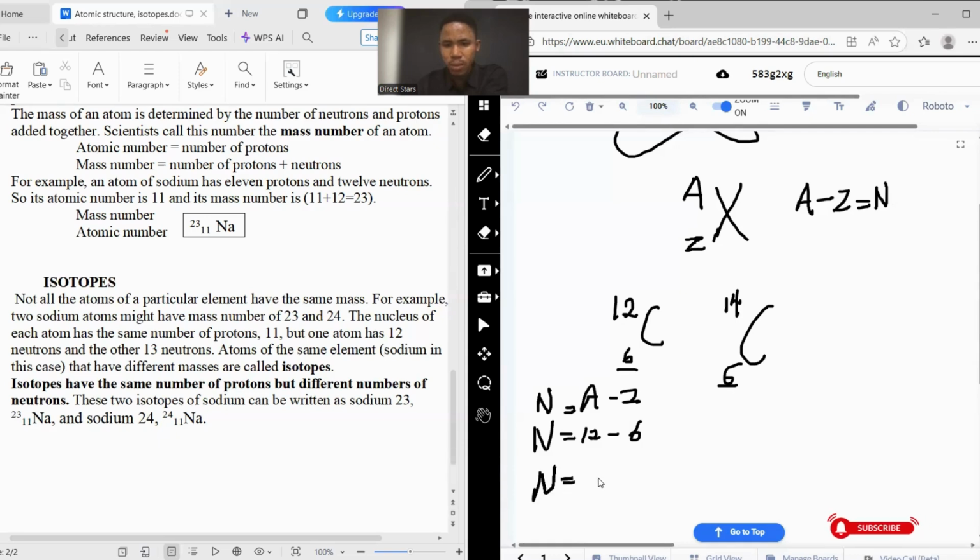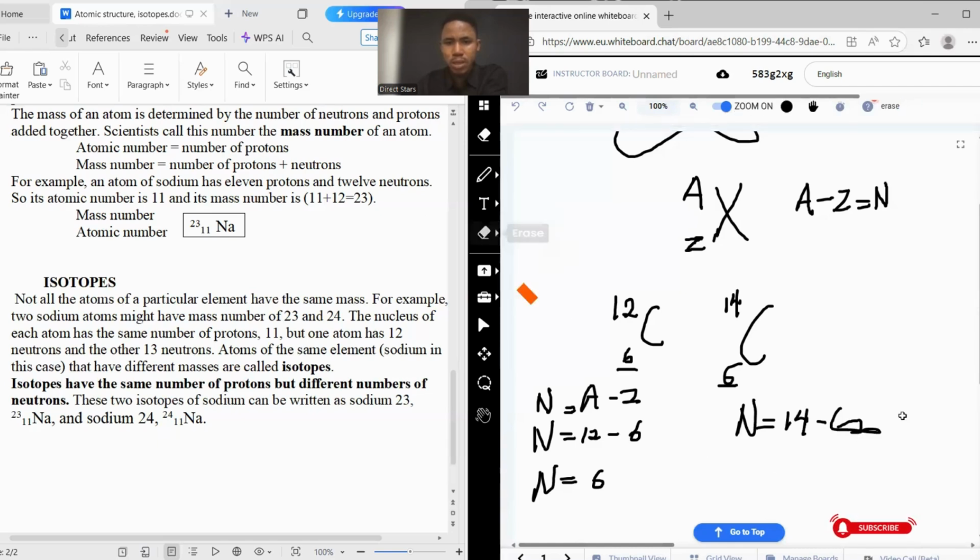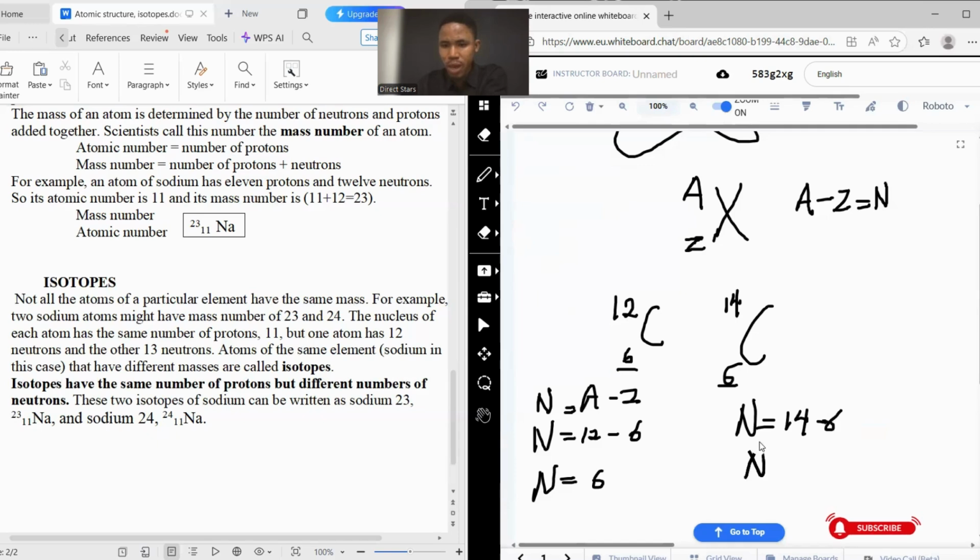But here, we have N equals 14 minus 6, which gives us 8. Now you can see that here we have 6, and in the other atom, we have 8. So this is what we call isotopes.